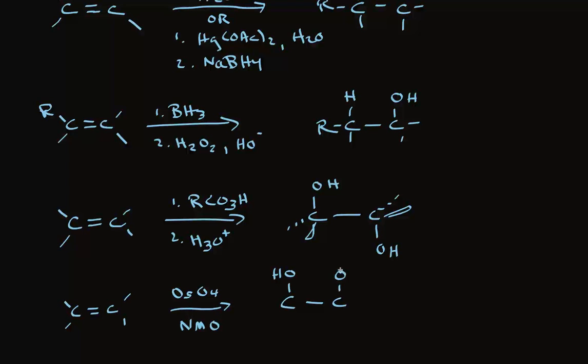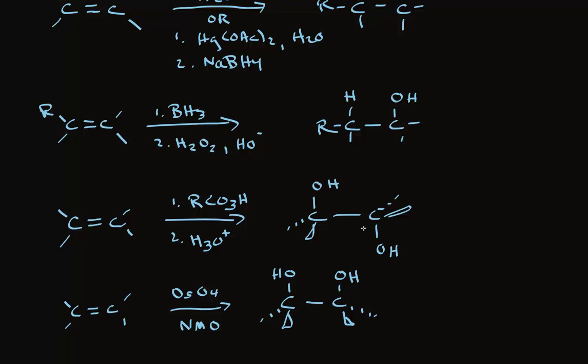So the stereochemical outcome is the opposite. So you know four reactions that make alcohols from alkenes. And alkenes are readily available from petroleum and from other small molecules. So those are useful reactions.